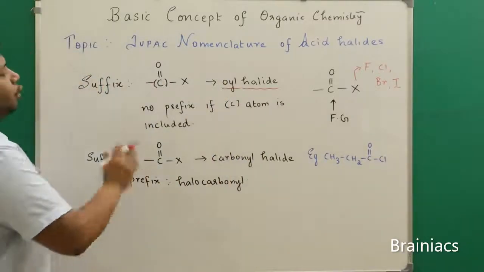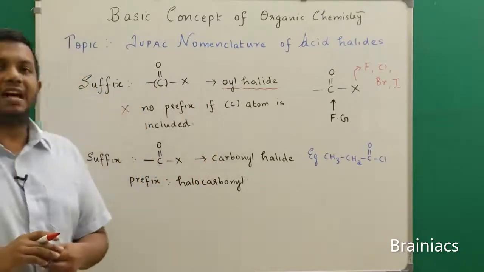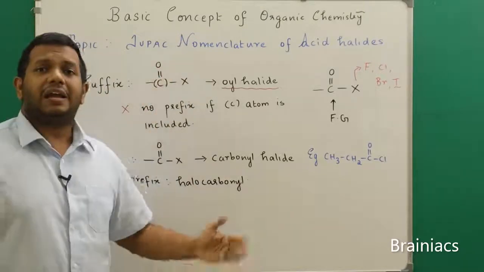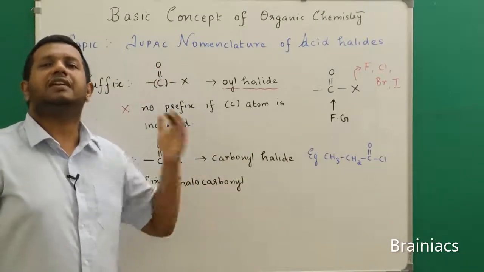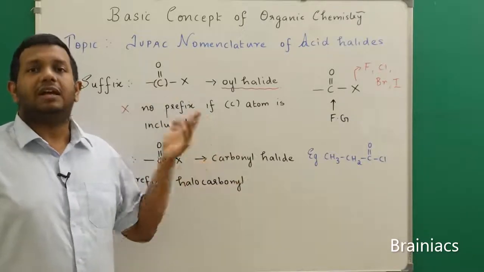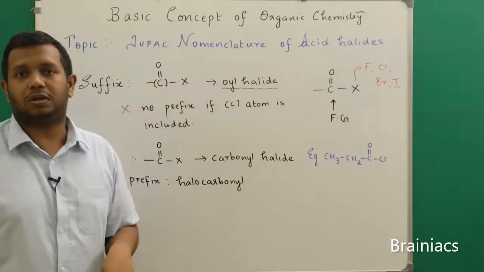In this case no prefix is applicable. It means that if the acid halide's carbon atom is included in the parent chain, then it behaves like the senior-most functional group. There is no prefix, it will not behave like a substituent.